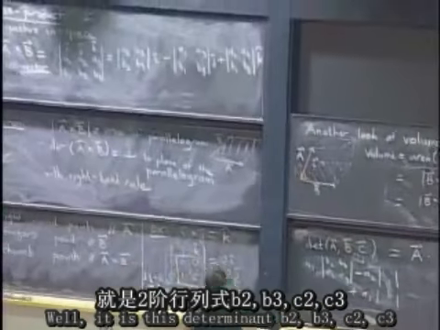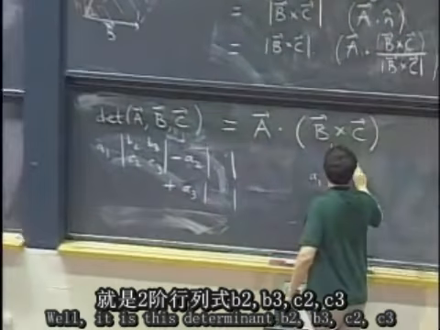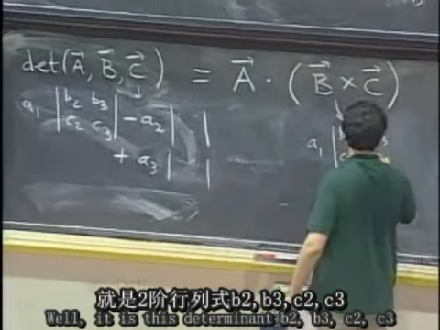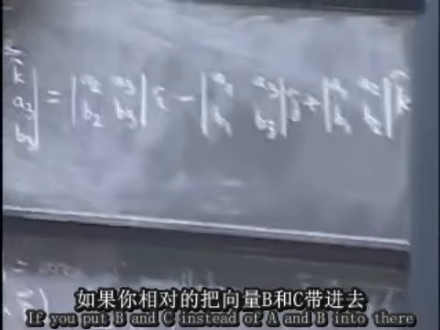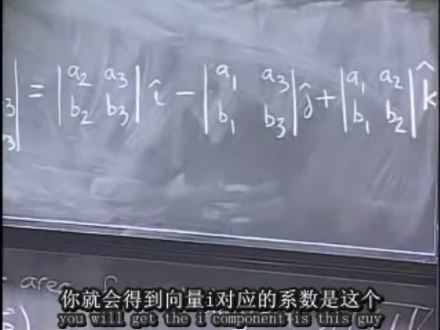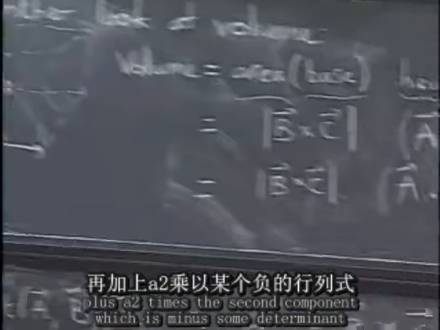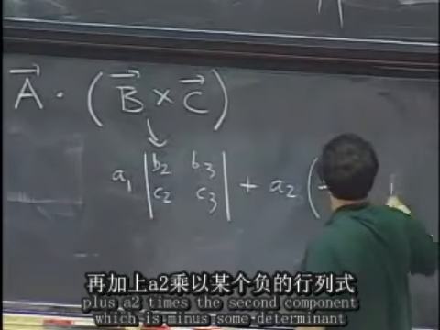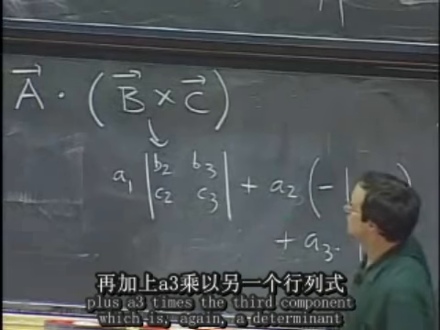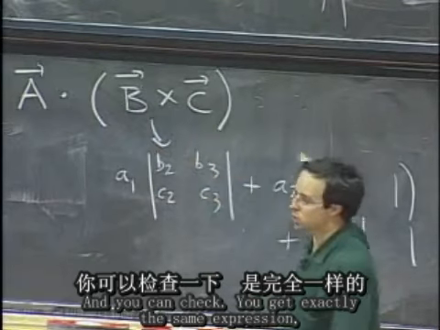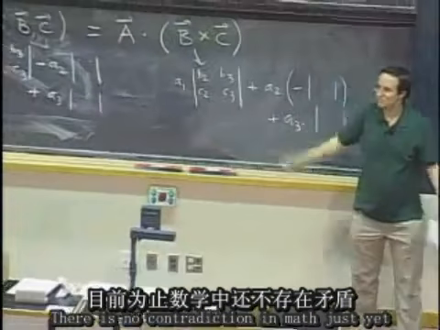Well, it's this determinant B2, B3, C2, C3. If you put B and C instead of A and B into there, you will get that the i component is this. Plus A2 times the second component, which is minus some determinant, plus A3 times the third component, which is again a determinant. And you can check to get exactly the same expression. So everything is fine. There's no contradiction in math just yet. Okay?